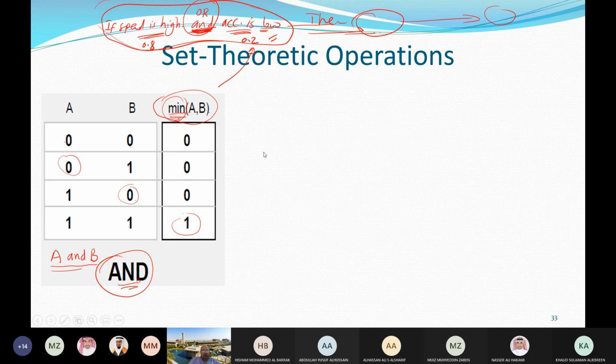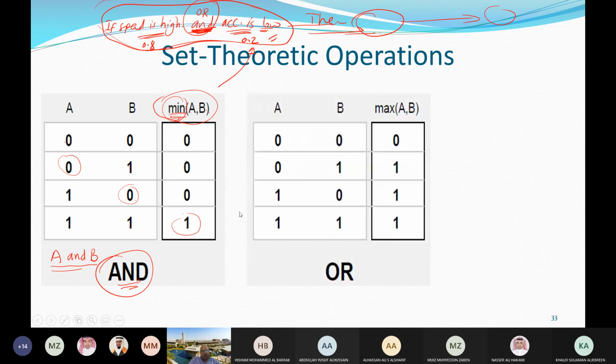You have the OR logic gate also. If either one has 1, or both have 1, then the output is 1. So you can have 0, 1, 1, 1, which means the maximum.